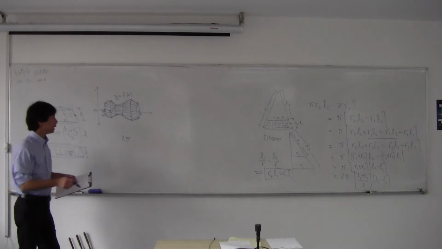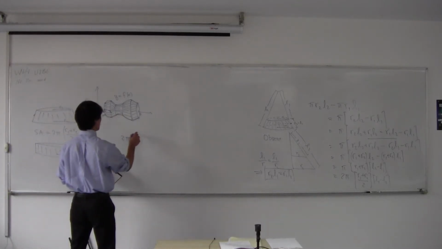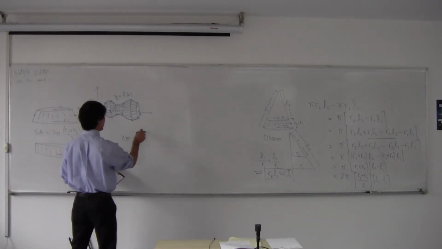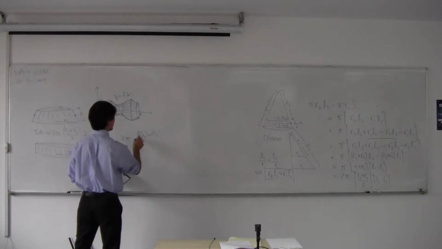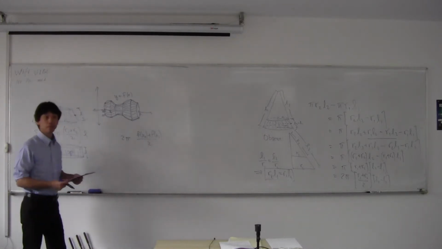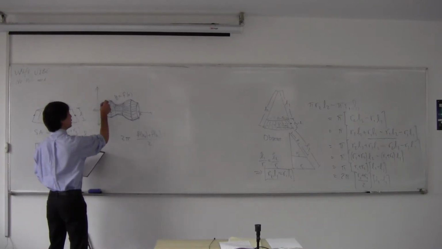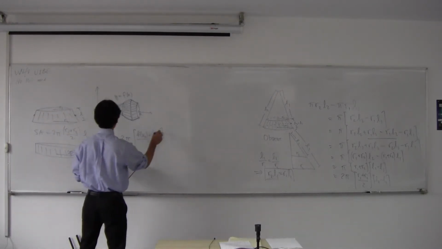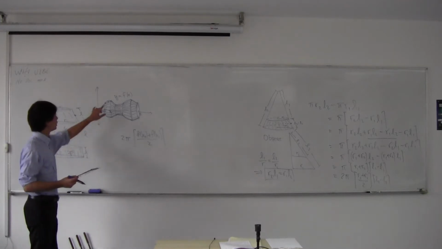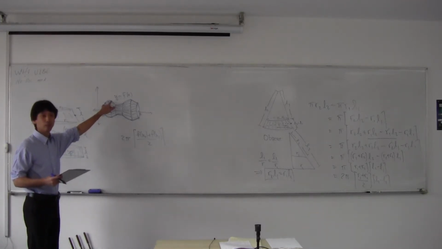The average radius is going to be f of x0 plus f of x1 over 2. And then multiplied by that length. Well, what's that length?